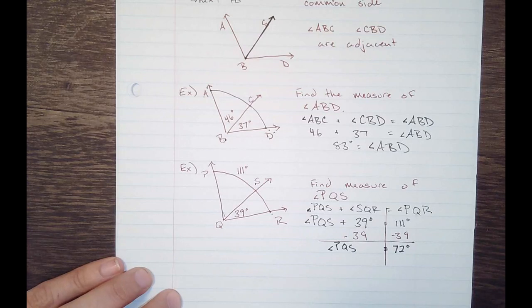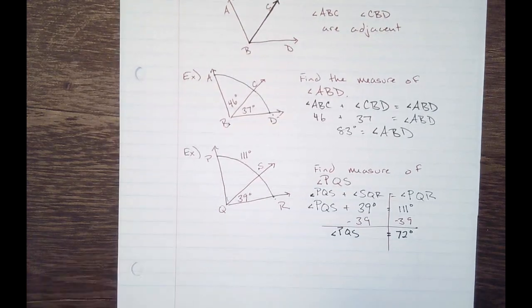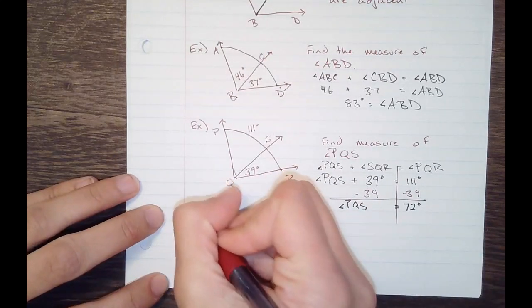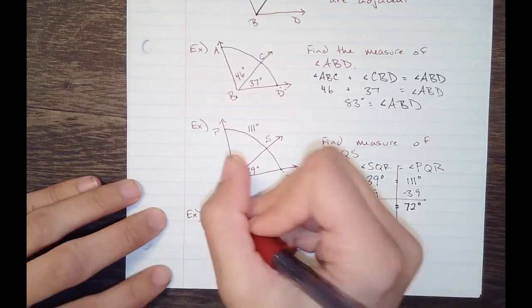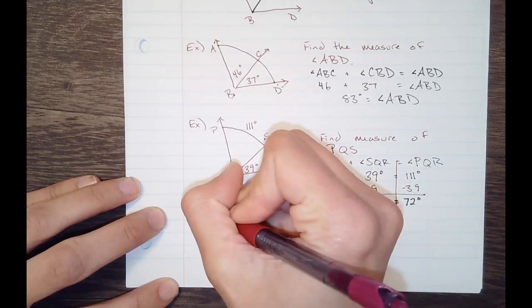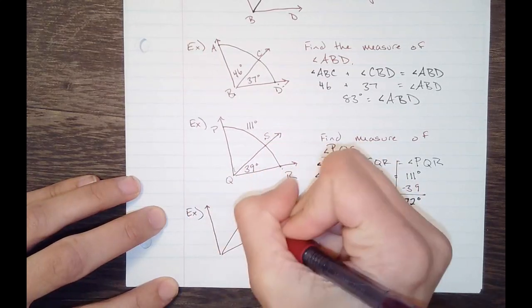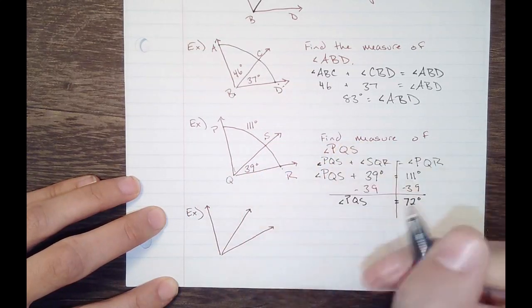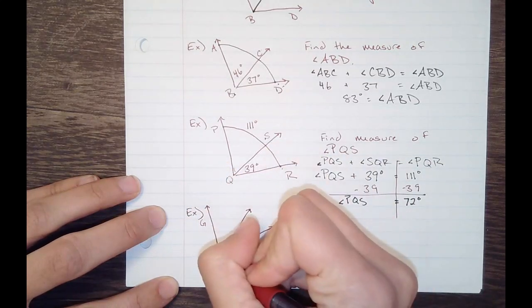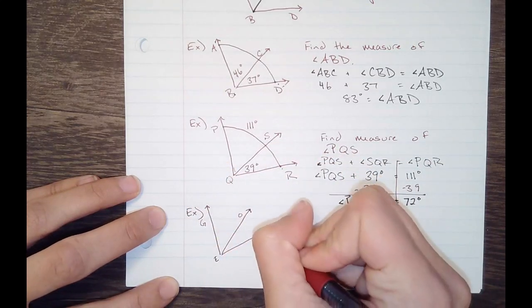Okay. The last kind of example we're going to do right now. Let's say we have G, E, O, and M. We know that this is 44 degrees.